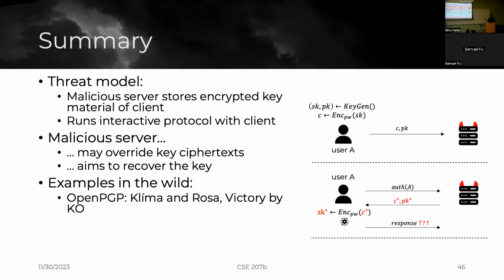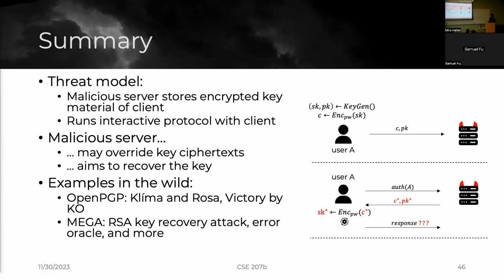And the attacks from 2022 then improved on this by not using such an obviously wrong Q value. And then we looked at the Mega attacks, where we covered the RSA secret key. There's also an error oracle in the second Mega paper. So yeah, with that, I am at the end of this lecture.